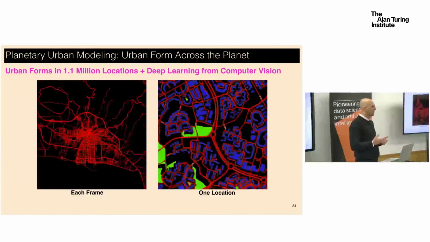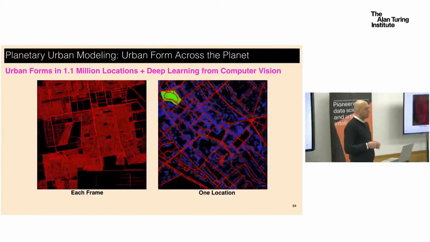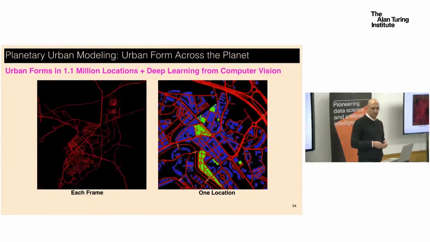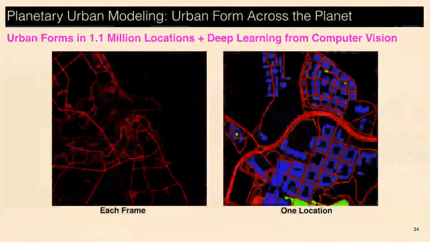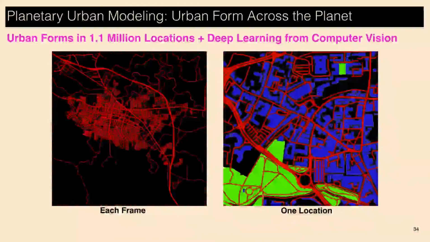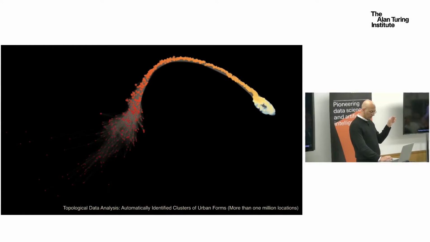It's a very simple game, but we took images of road networks of these 1 million cities. And of course, you cannot sort them manually. You can feed these to an autoencoder model. And this autoencoder model is able to find similar forms and then gives you a dense vector. If you cluster them, it gives you something like this, which is a kind of topological data analysis.